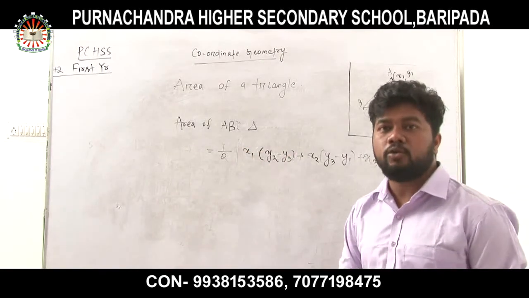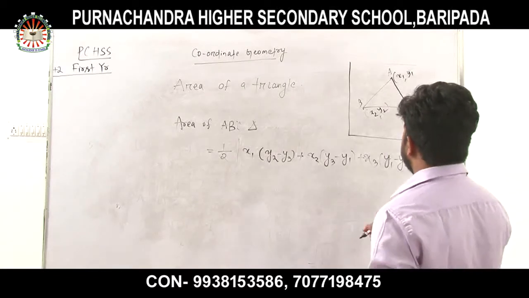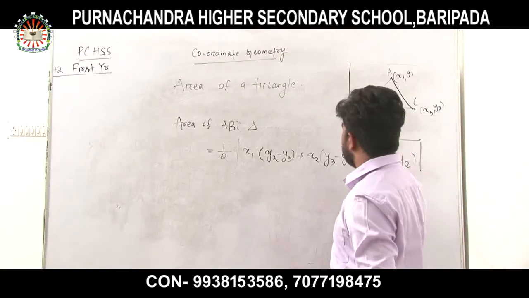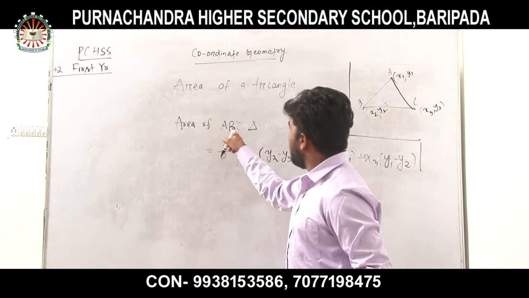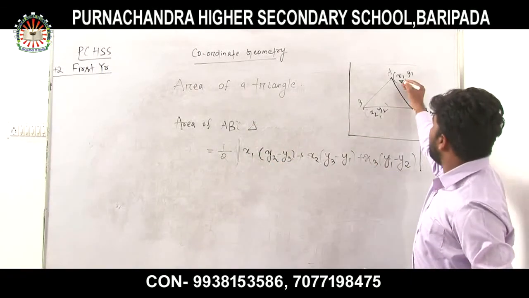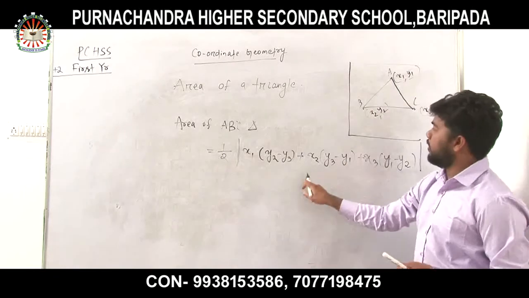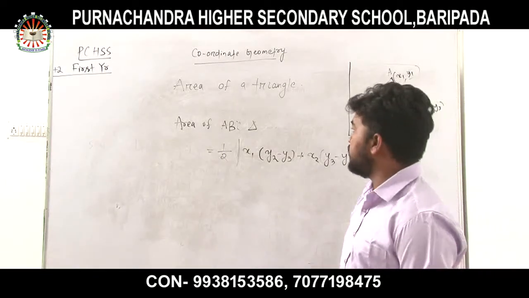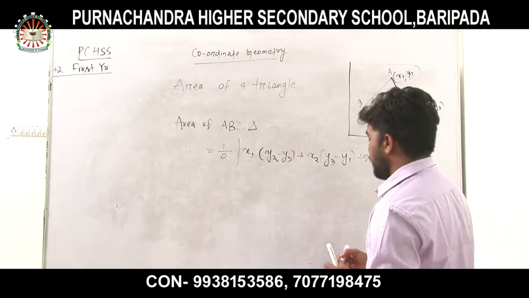Area of a triangle is always positive, that's why we take the modulus. Just apply these coordinates and we get the result.